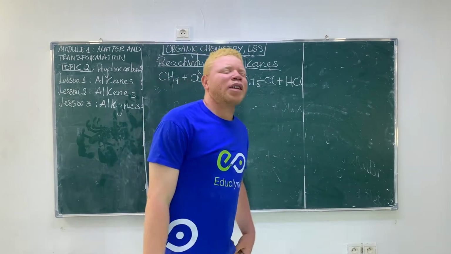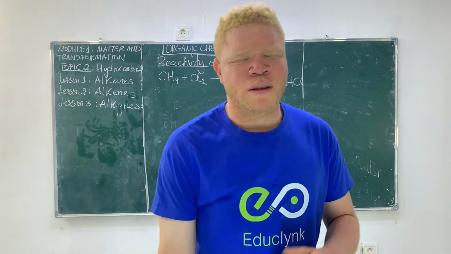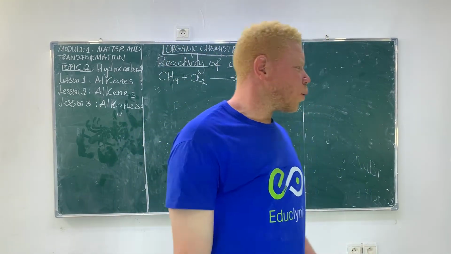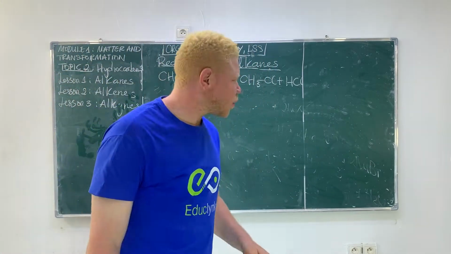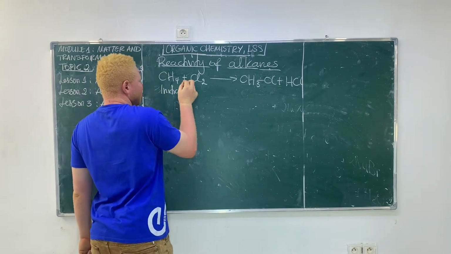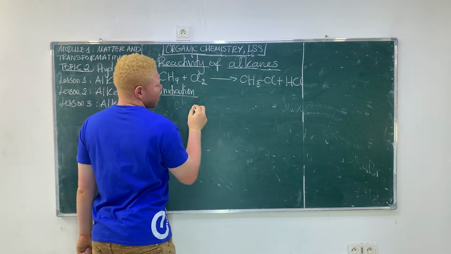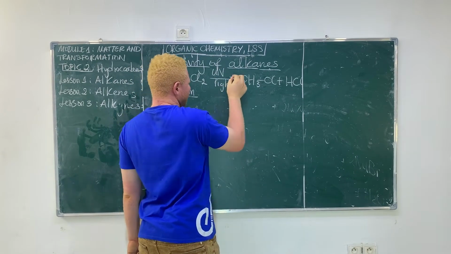The mechanism of this reaction occurs in three main steps: initiation, propagation, and termination. The initiating step involves the formation of free radicals. The reaction is catalyzed by UV light.